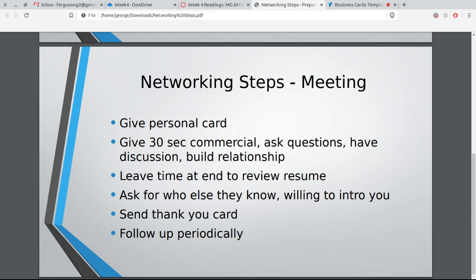Now, there are a lot of folks who are in an organization, they've been there for a while, and they're saying, hey, look, I'm not planning on leaving this company. I'm not looking for a job. I'm going through this class because it's required or because I thought I'd learn something. You better be networking within your own organization. The reason for that is because you never know what might come up as far as opportunities are concerned.